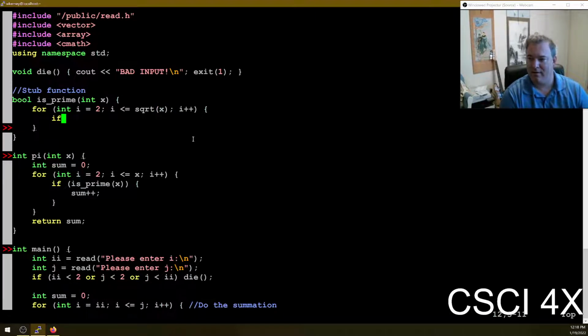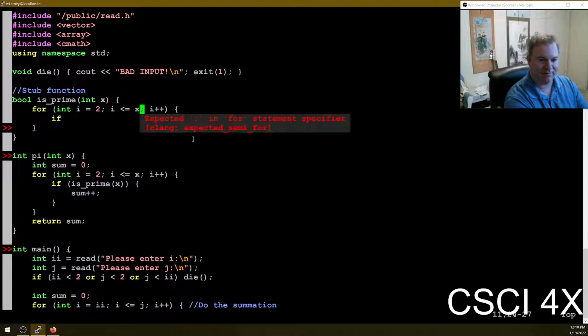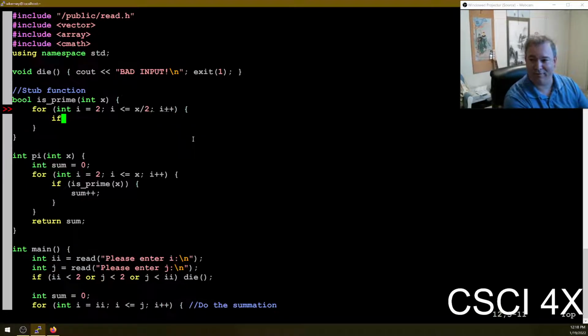Because if you want to see if 100 is a prime number, you actually don't need to check higher than 10. But if that's kind of beyond you, let's just do x over 2. If I can get it to not seg fault, it'd be faster than mine. Maybe. I could probably tweak mine a little more for speed too.